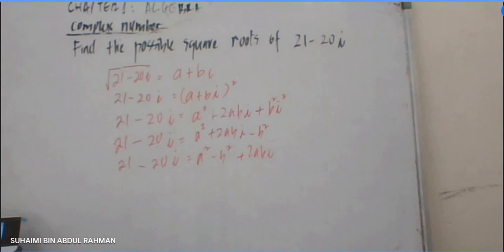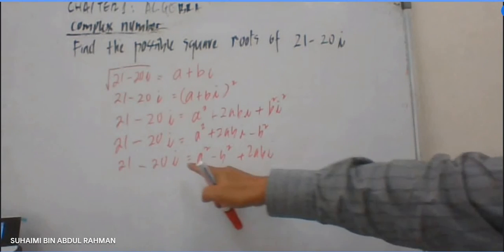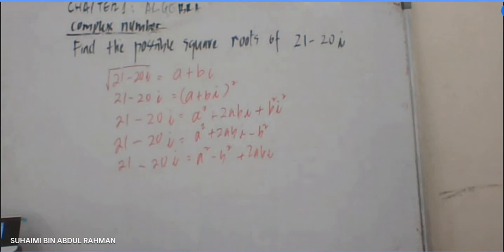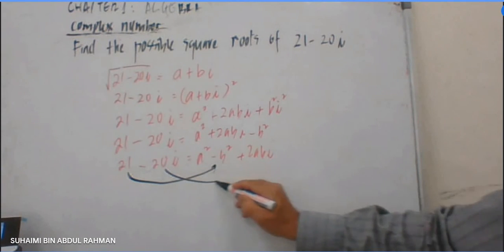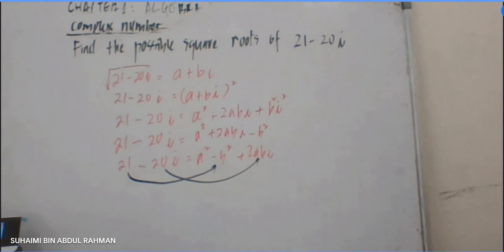We separate terms which consist of i together, since we want to make comparisons.